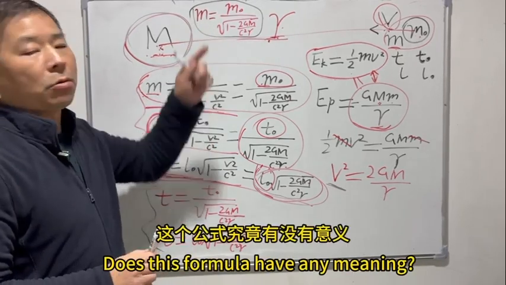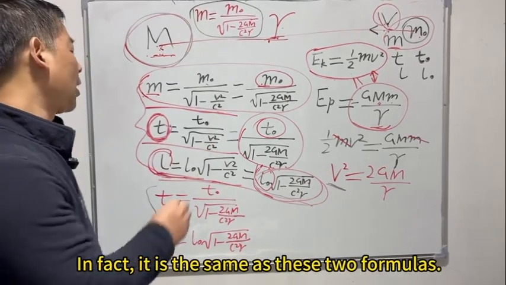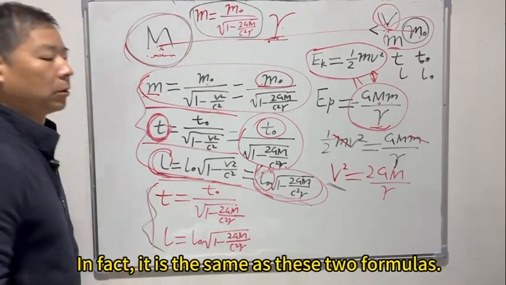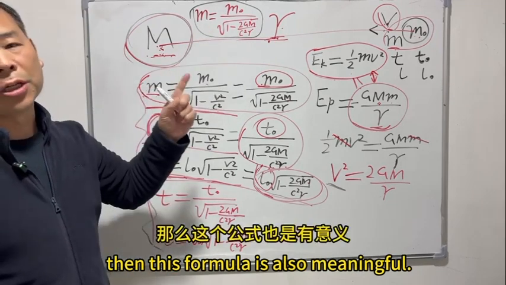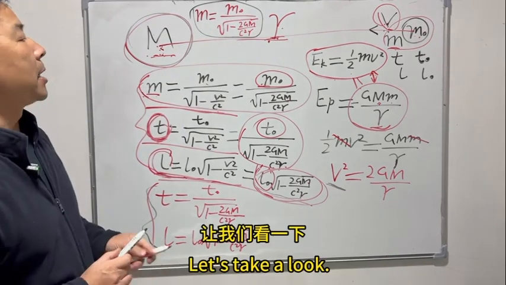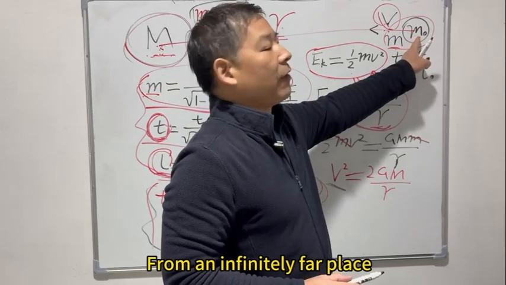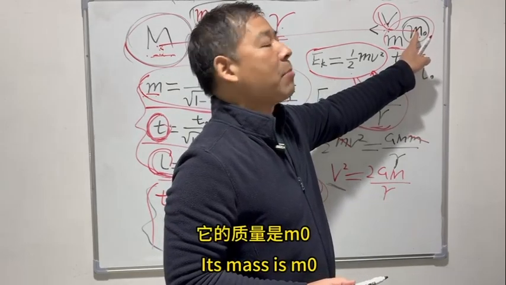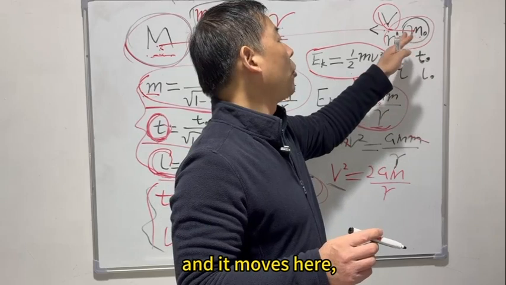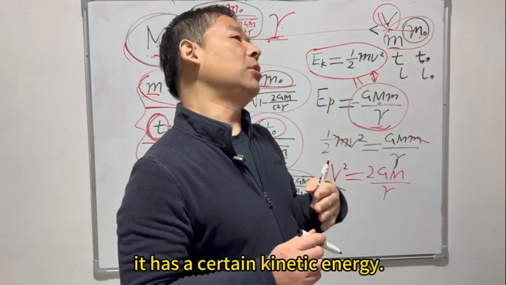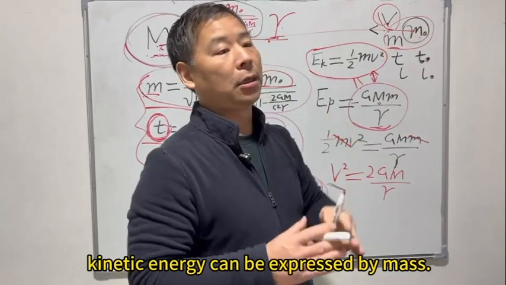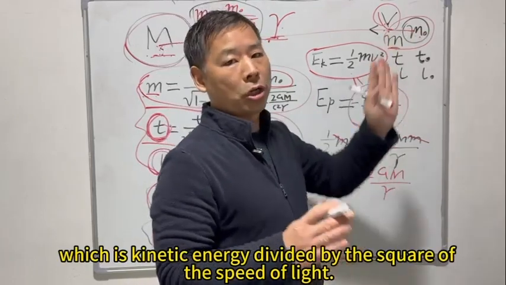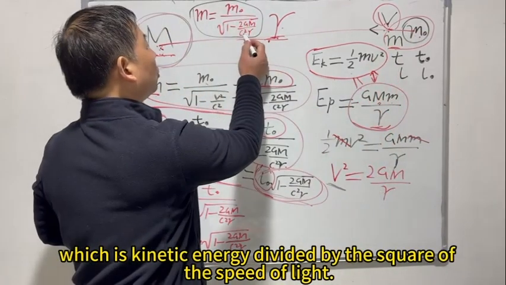Does this formula have any meaning? In fact, it is the same as these two formulas. If these two formulas are meaningful, then this formula is also meaningful. Let's take a look. From an infinitely far place, its mass is m0, and it moves here. It has a certain kinetic energy. Kinetic energy can be expressed by mass, which is kinetic energy divided by the square of the speed of light.